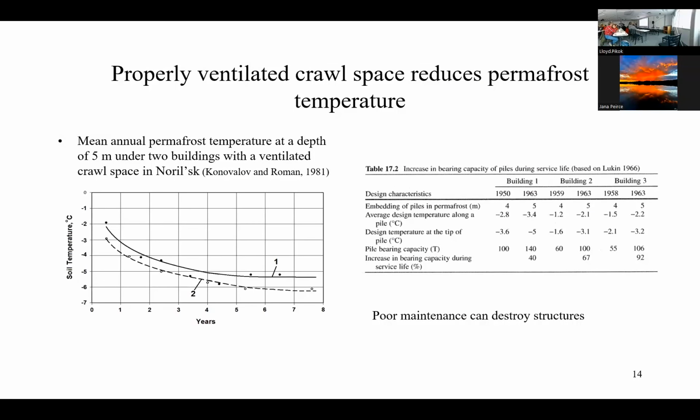Before I go further, I want to talk about the impact of ventilated crawl space. Ventilated crawl space is an amazing feature for permafrost. If you look at the data, for example, on the left side from Norilsk, when they built the structure, permafrost temperature was -2 for one building and -3 Celsius for another. Eight years after construction, the temperature changed by 3-4 degrees.